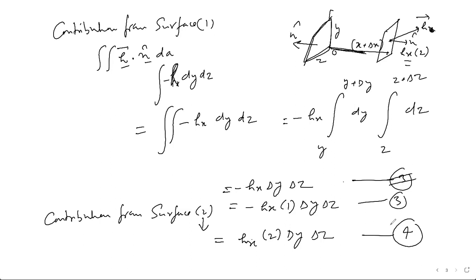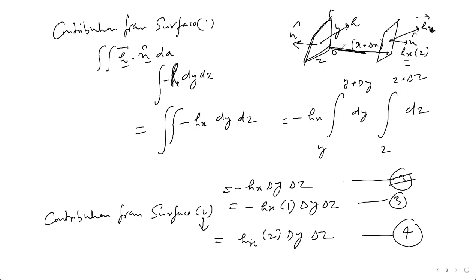Now I have said that these are two equivalent contributions, except that hx is displaced. For example, the field I have defined here, h has some magnitude over this surface, and h could have a magnitude over this surface.